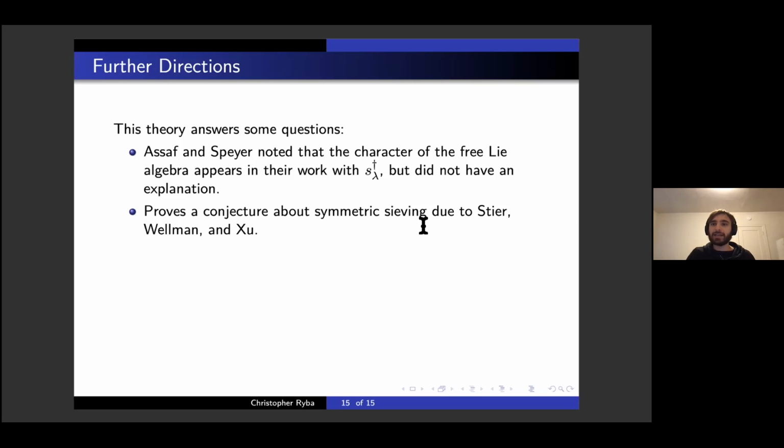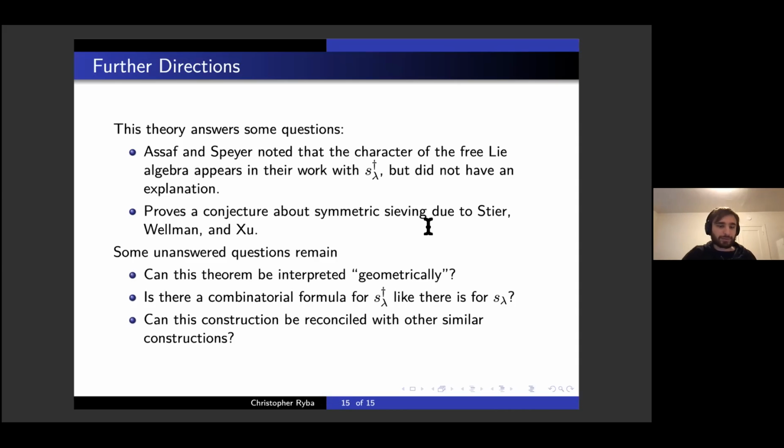You can associate a particular polynomial to a particular group action, and if some circumstances hold, then it's said to exhibit the cyclic sieving phenomenon. And so you can think about upgrading this from an action of the cyclic group to an action of the symmetric group. And a slight modification of the argument that I've given here, which is actually a bit easier than what I've discussed, proves a conjecture of theirs for a particular formula on a particular construction.